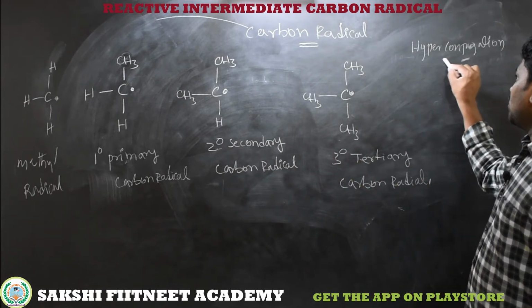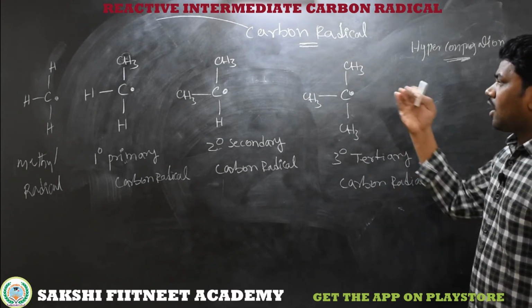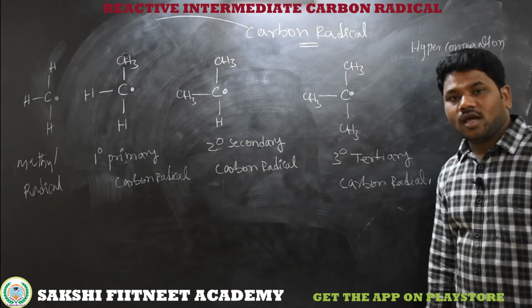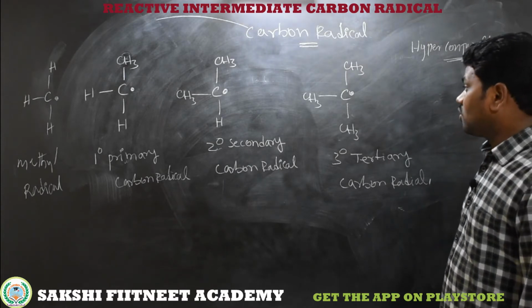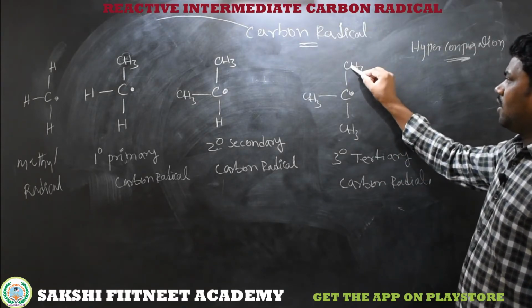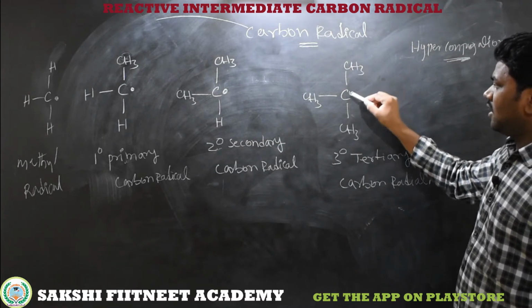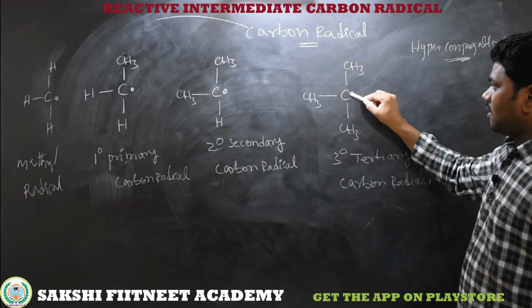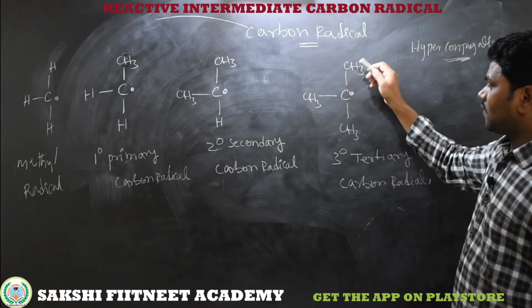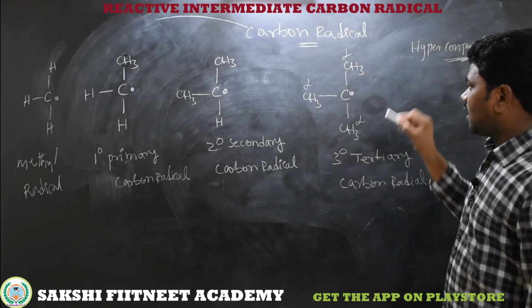So according to hyperconjugation, the carbon radical which has more hyperconjugative forms becomes more stable. Simple: here, the shifting from carbon to hydrogen. This is the reference carbon, and this first carbon is called the alpha carbon. So here we have 3 alpha carbons.